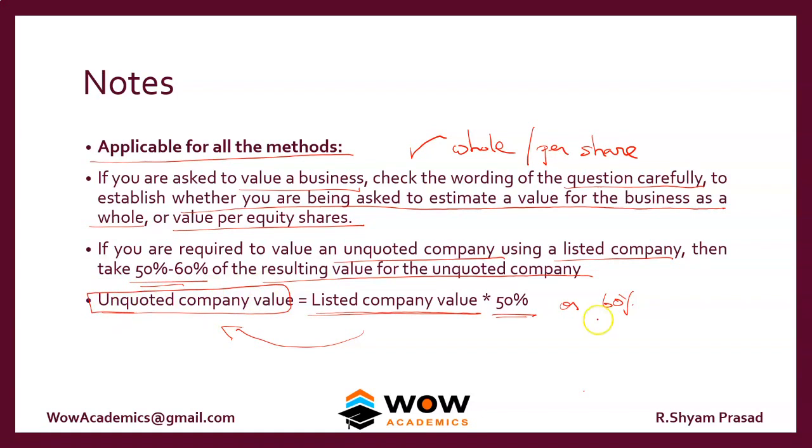Okay, so the question itself will mention whether it's going to be 50% or 60% that has to be taken, or if the question is not giving you, you have to assume some number, 50 or 60, and arrive at the value. So this is a very important note from the exam point of view.